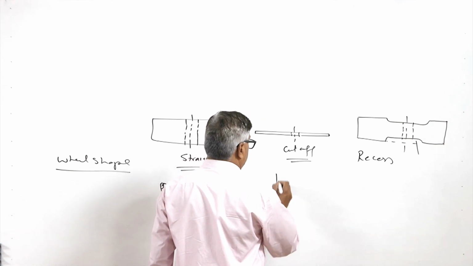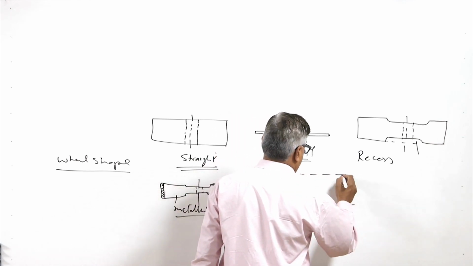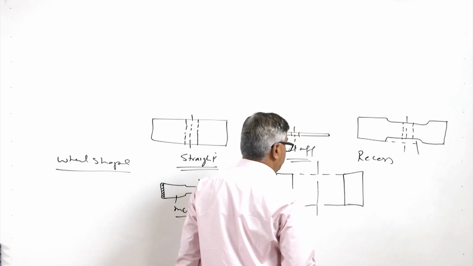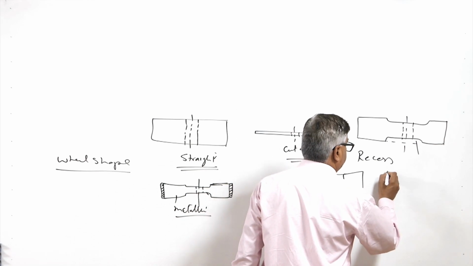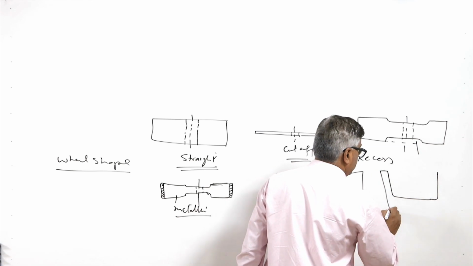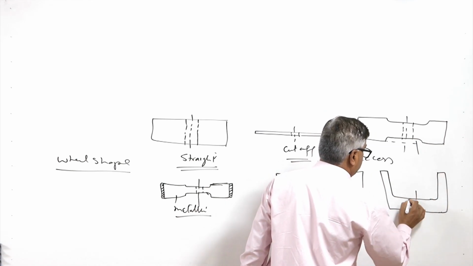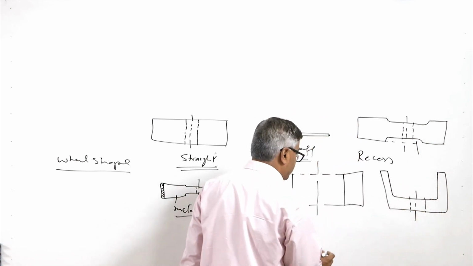Then based on the other shapes, like cylindrical wheel. Cylindrical wheel will have the geometry of this kind. This is the central hole, and this is the wheel. Then cup shape wheel will be like this, wherein there is a central hole for mounting, and the shape of the wheel is of the cup type.